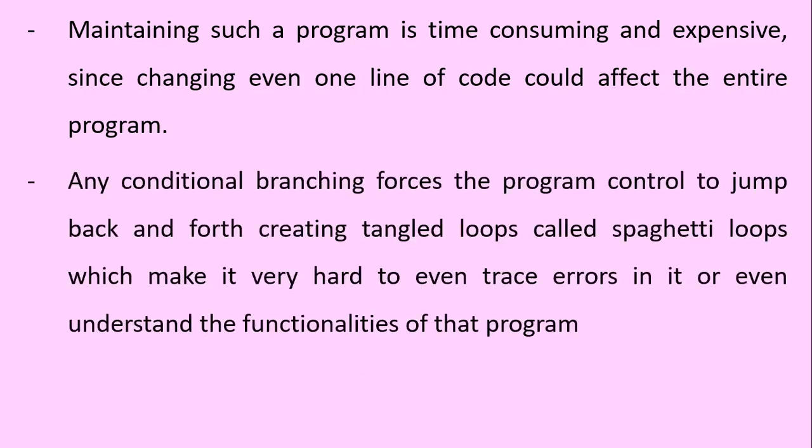Number 2, any conditional branching forces the program control to jump back and forth, thus creating tangled loops, which we call spaghetti loops, that make it very hard to even trace errors in such a program or even understand its functionalities. It is therefore advisable to avoid monolithic design and adopt other designs such as structured.